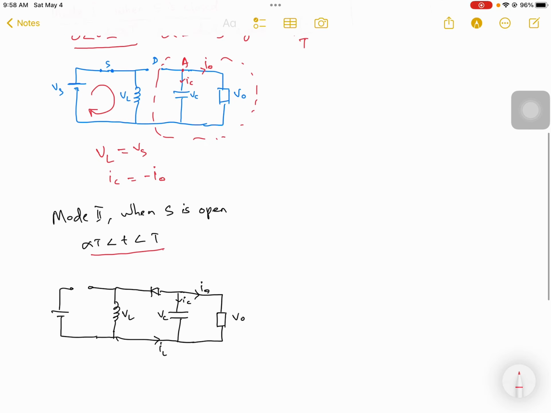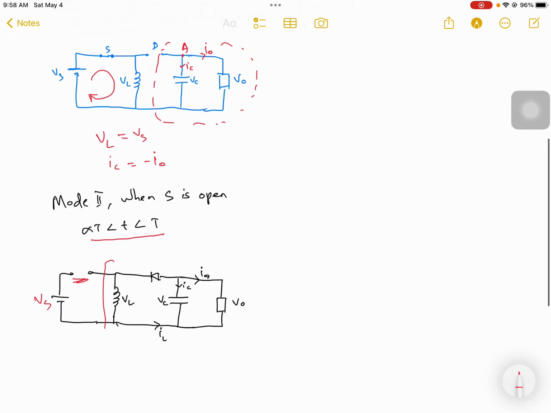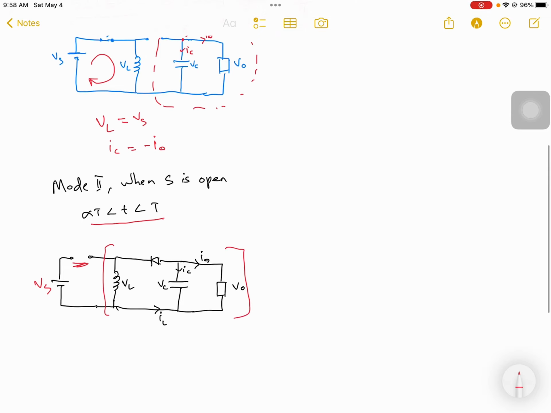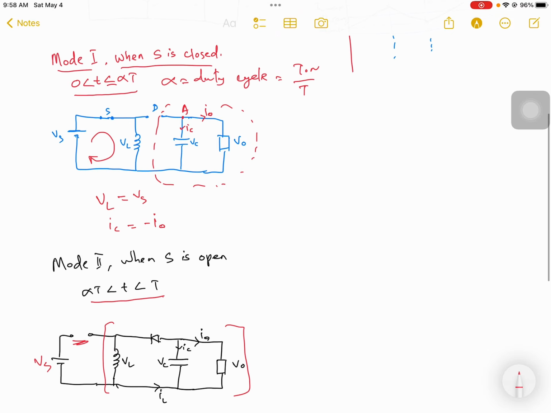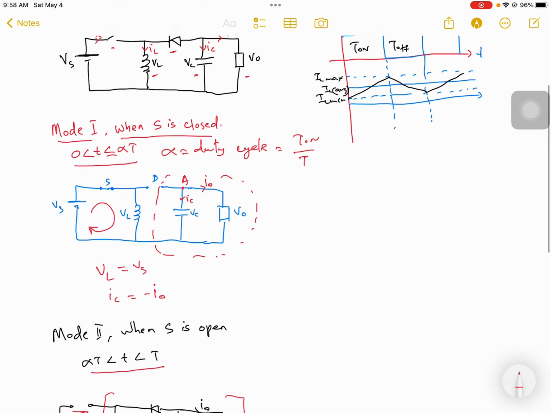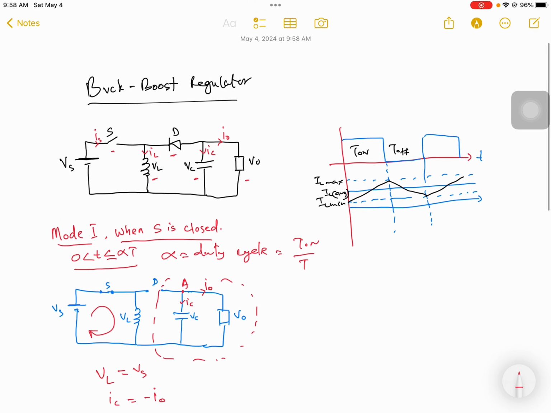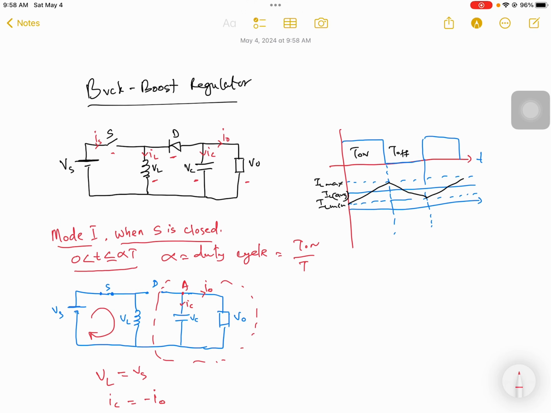When your S is open, your input voltage Vs will be isolated, and the active circuit becomes only this much. Now here the inductor will act as the source. Initially when your S is closed, if you consider this waveform here, the inductor initially acts as an open circuit, offering very high resistance.